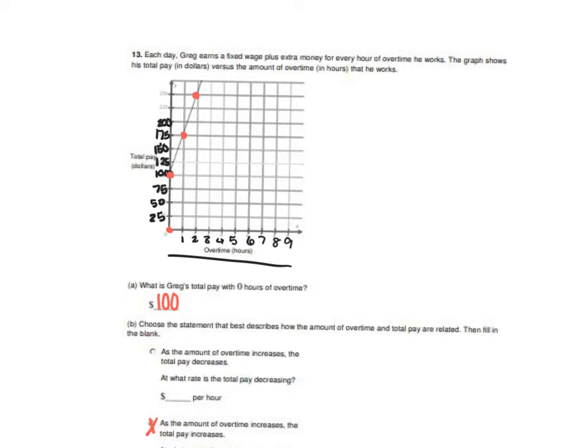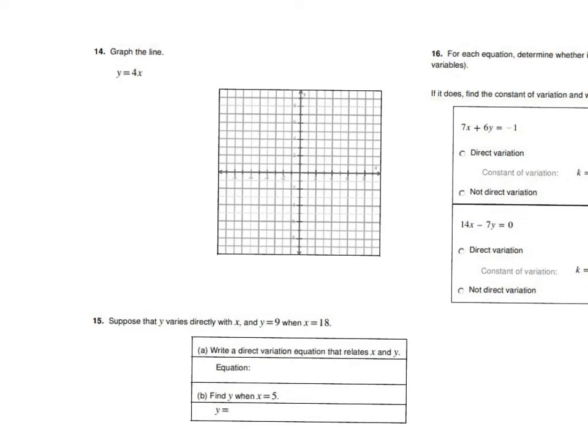Problem 14 says to graph the following line. That line is y equals 4x. When I look at this, I recognize that it's a direct variation equation. And when we have direct variation equations, we did the Alex assignment over this. Everyone did excellent on it. We always start our graph at the point 0, 0. Then our slope here is 4.